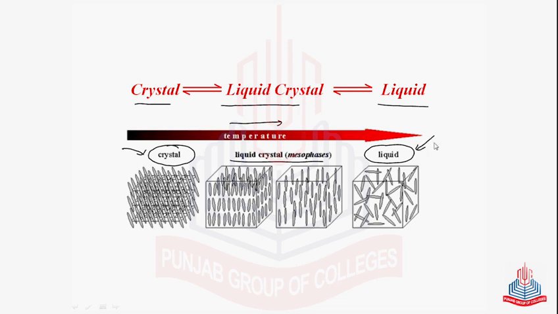So this is actually an intermediate state having the properties of the liquids and the properties of the crystal as well. अब हम डिस्कस कर लेते हैं कि लिक्विड क्रिस्टल्स में कौन सी प्रॉपर्टीज हैं लिक्विड्स की और किस तरह की प्रॉपर्टीज हैं क्रिस्टलाइन सॉलिड्स की.